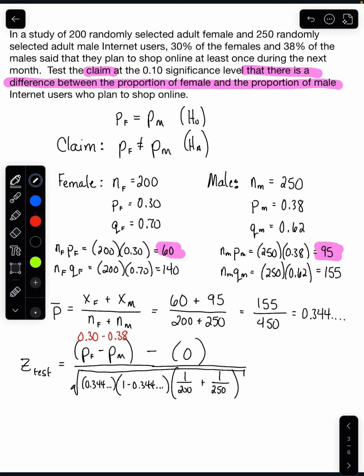So if we're very careful about how we type this in, we should be able to get an accurate value for our test statistic.